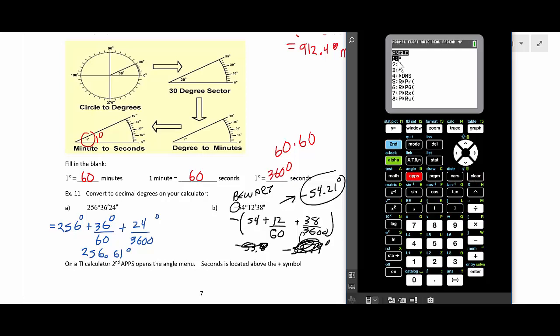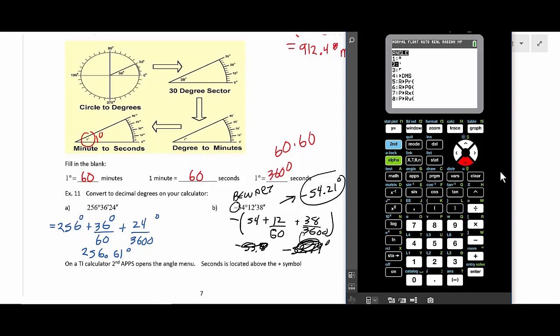That's where your degree symbol is, and this is where your minute symbol is. I don't know if anybody has the second symbol on there or not. I don't. The most common place is the second symbol is right above the plus in green. That's the way it is on my calculator, and that's the way it is on most calculators. Why they did that, I have no idea.